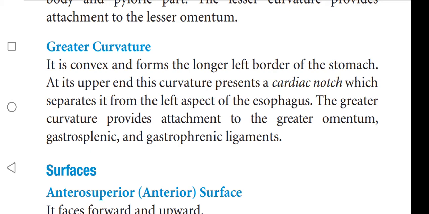The greater curvature provides attachment to the greater omentum, gastrosplenic and gastrophrenic ligaments.